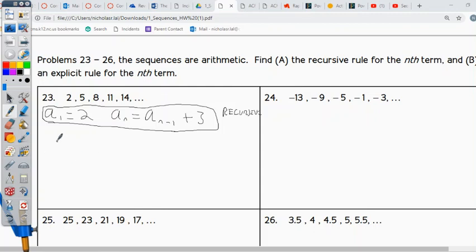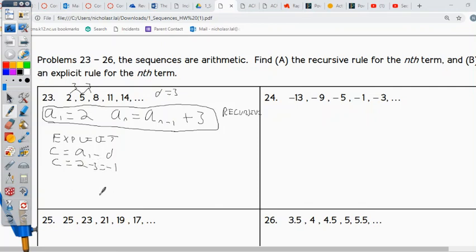Alright, so that's recursive. To convert into explicit, we can do C is equal to A1 minus D. By the way, D is equal to 3. So C is equal to 2 minus 3, which is negative 1.